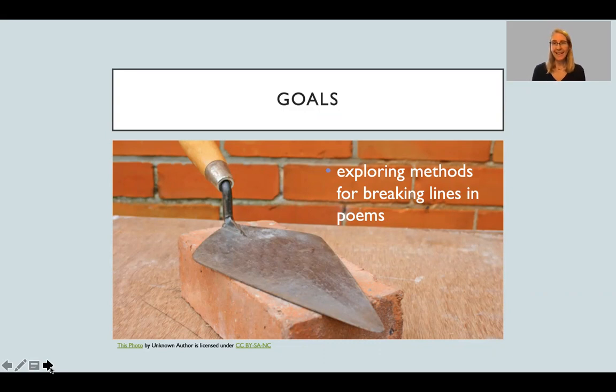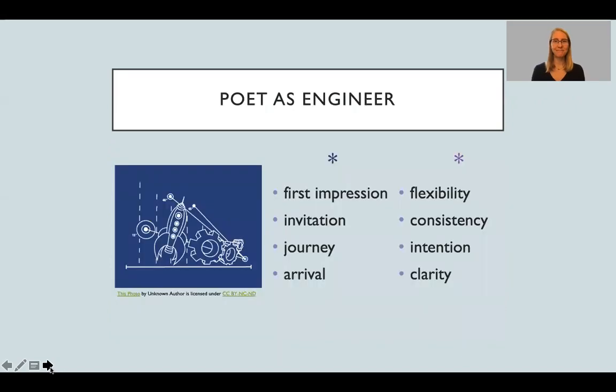So, in this lesson, we will take a look at all of those choices we can make as poets and consider what types of effects those choices would have in our poems. We talked before about the poet as guide, right?